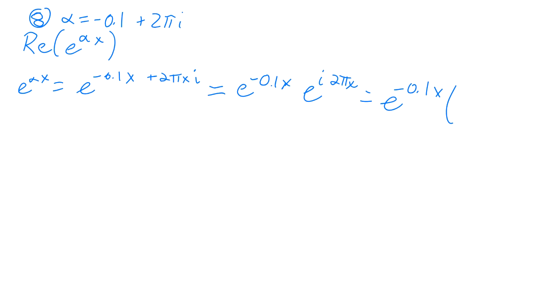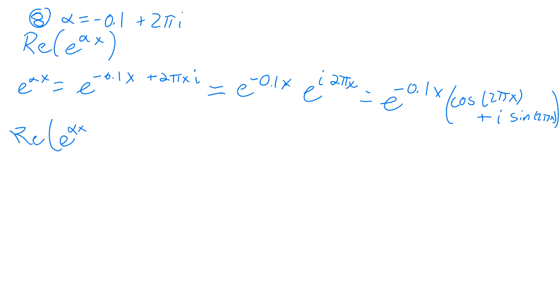So that is cosine of 2 pi x plus i sine of 2 pi x. And so we take the real part of that. So, real part of e to the alpha x.